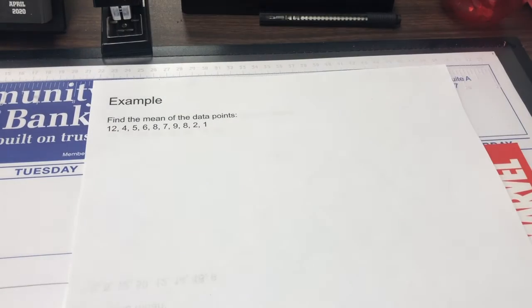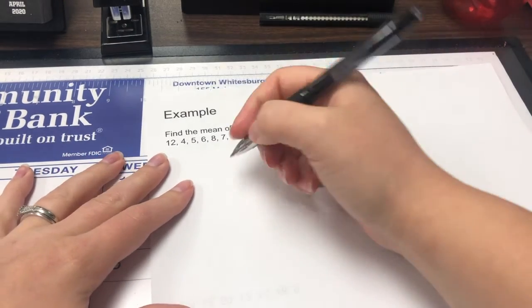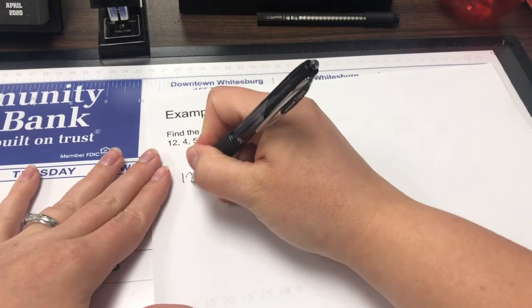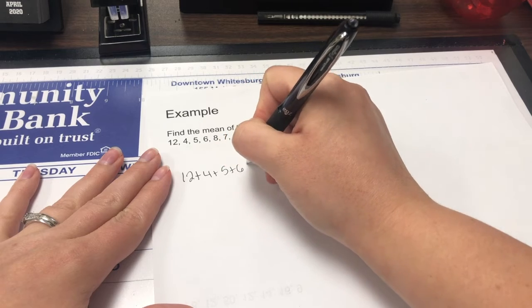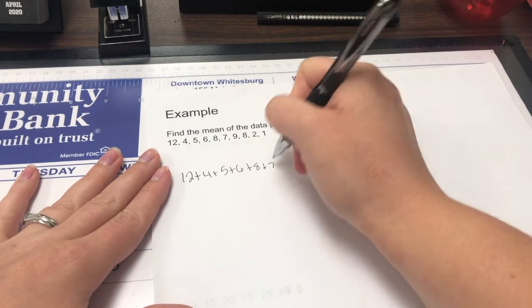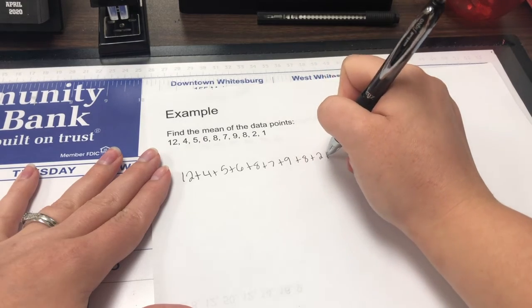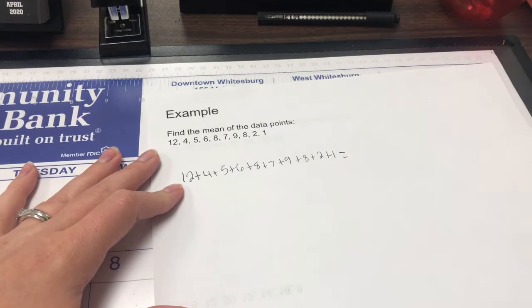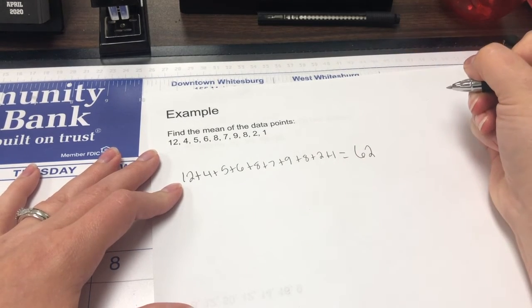Let's look at some examples. So we're going to find the mean of these data points. Just like our note said, the first thing we need to do is add up all of our numbers. Okay, so if we added up all of these numbers, and I went ahead and did that, we would get 62.